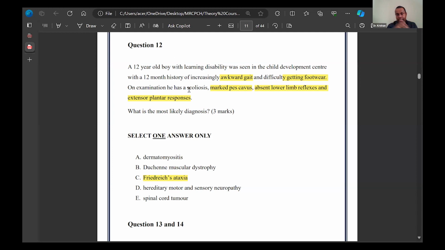So that is unlikely. Then spinal cord tumor, right? Spinal cord tumor can cause some of these manifestations. However, if it was a plain and simple spinal cord tumor, we usually expect lower limb reflexes to be exaggerated. And spinal cord tumors generally don't cause pes cavus. It could happen, but extremely rare. So the most likely answer is Friedreich's ataxia.